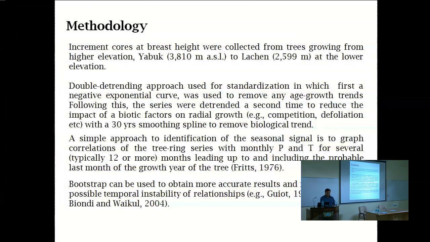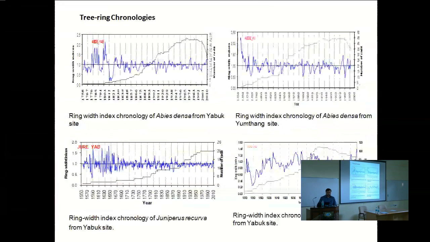Then we establish the tree growth climate relationship. Two methods are available: one is correlation, and the other is bootstrap regression, which is more sophisticated and gives better results. So I have chosen bootstrap regression for the tree growth climate relationship.